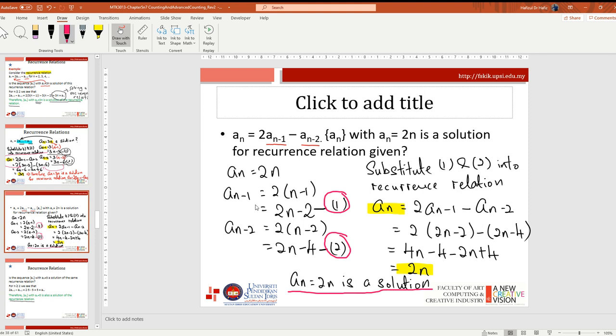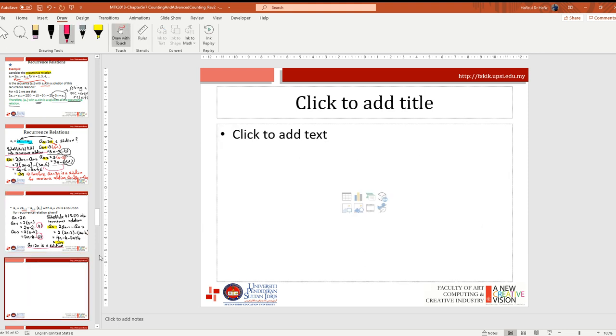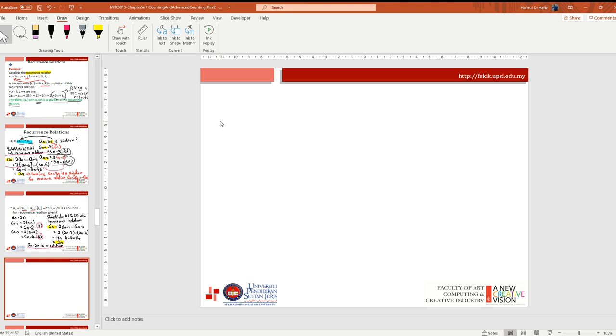Okay, another example. Saya bagikan contoh lain. Kalau tak faham, tolong tanya sebab yang ni penting untuk kamu punya final exam, final assessment.